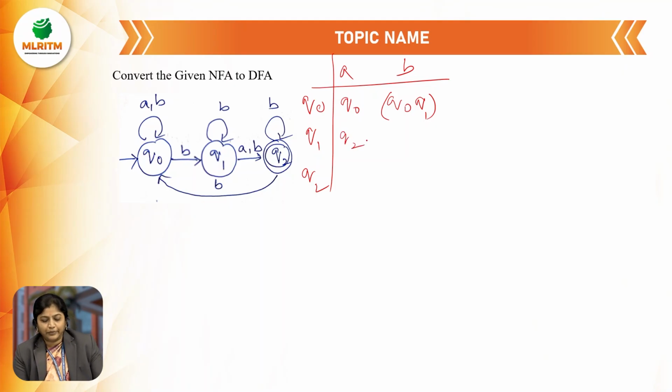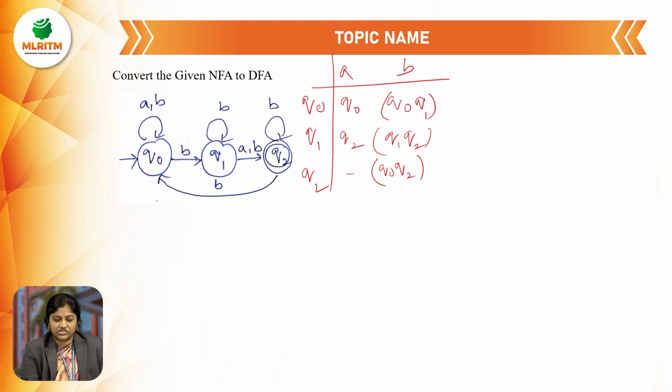Q1 on B goes to Q1 as well as Q2. Next, Q2 on A, nowhere. Q2 on B, it is going to Q0 and also to Q2. Now let us derive the transition functions for these new states.